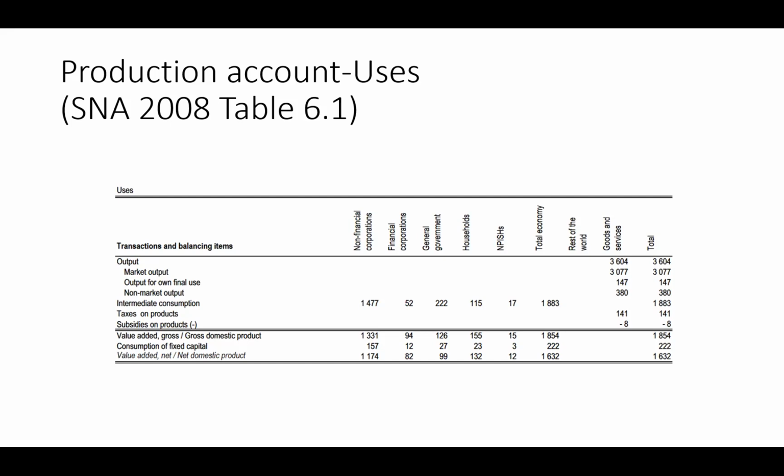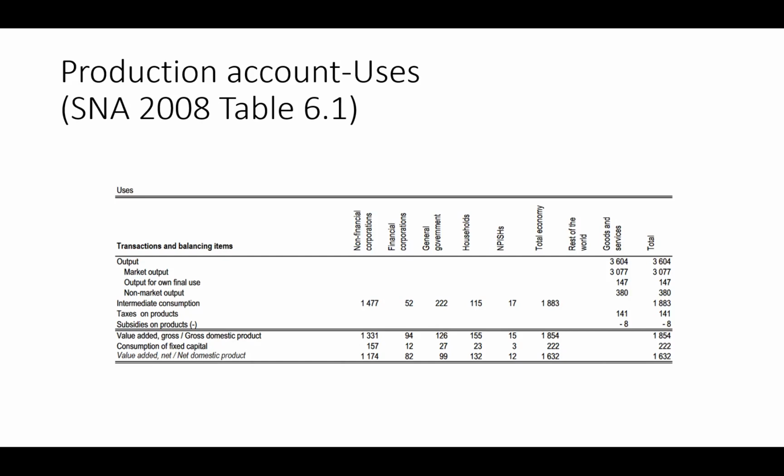The production account for the institutional units and sectors is illustrated in these tables. From the point of view of users, you see here the transactions and balancing items: output, the market output, output for own final use, non-market output, intermediate consumption, taxes on products, subsidies on products.